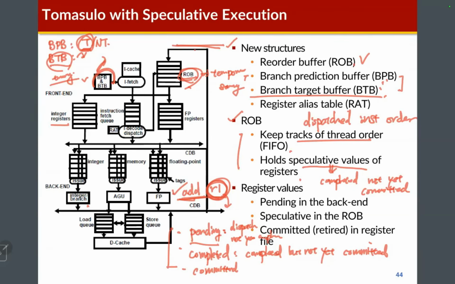In order to enable speculative execution, the processor includes the reorder buffer and the prediction units like the branch prediction buffer and branch target buffer, and then the register alias table.